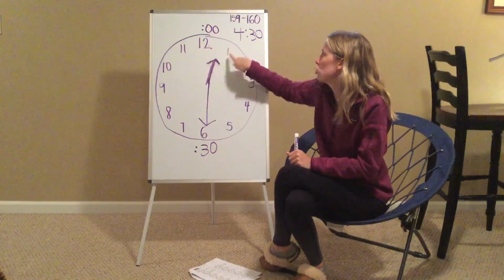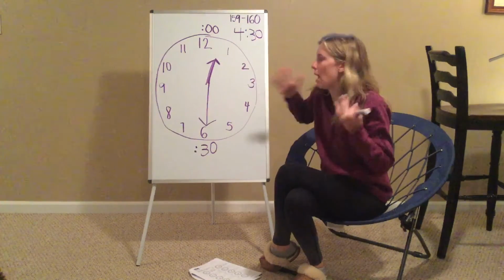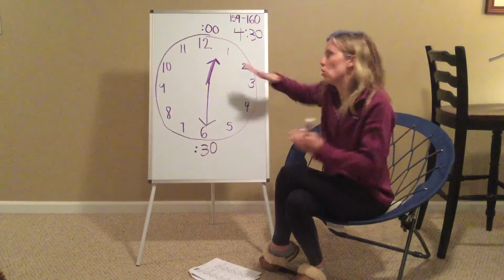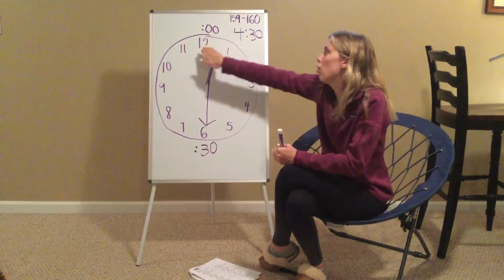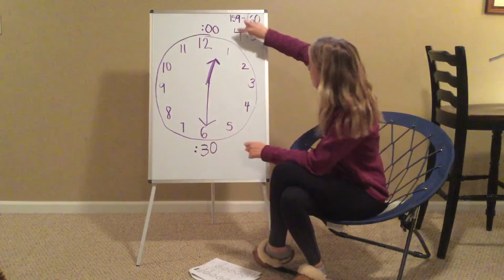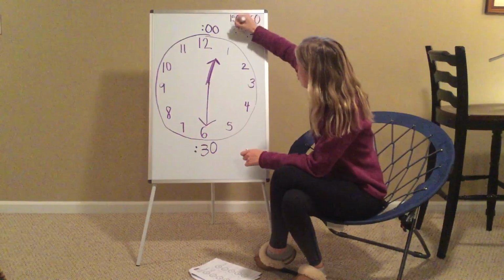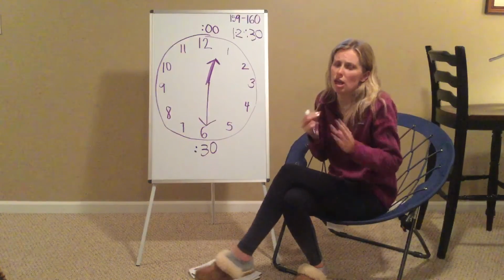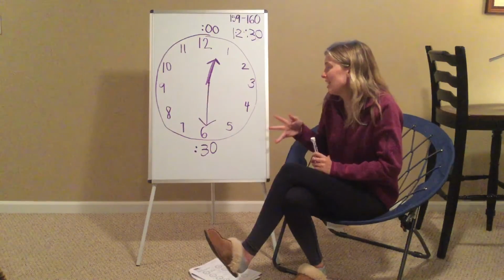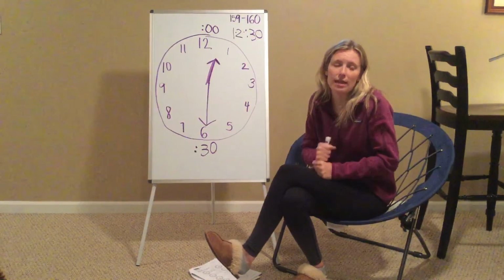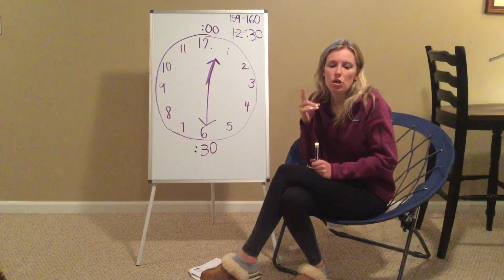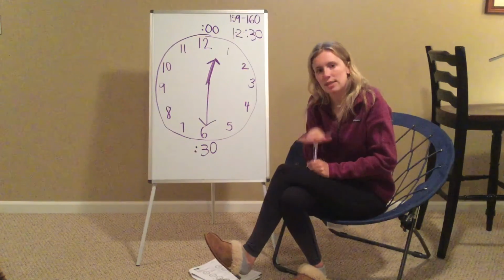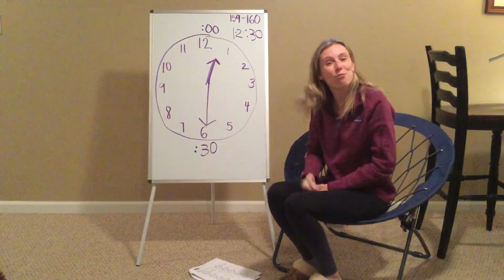So if you're in between a 12 and a 1, it's the only time it doesn't really work. It's the only time that you're going to pick the 12. So this time is 12:30, but this is something that you guys will work on a ton more in 2nd grade, and I can keep practicing it with you, and I can put some more clock practice on Seesaw to help you guys, but I'm hoping this helps. Thank you.